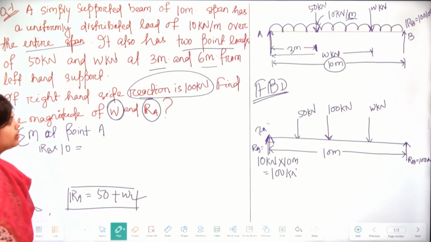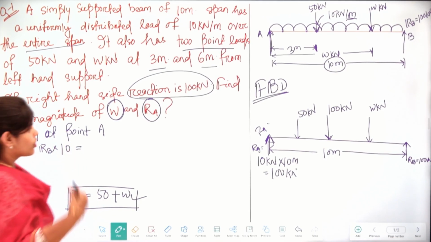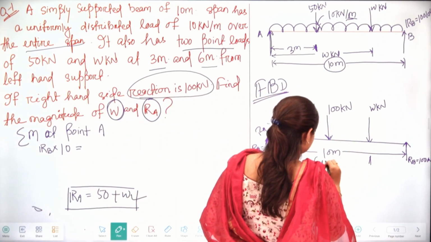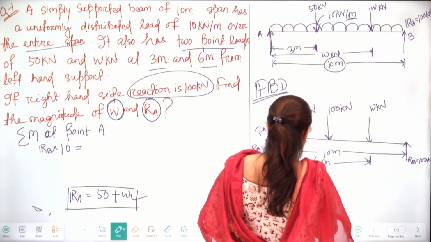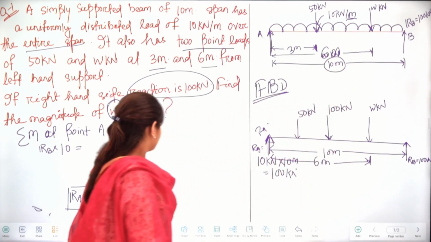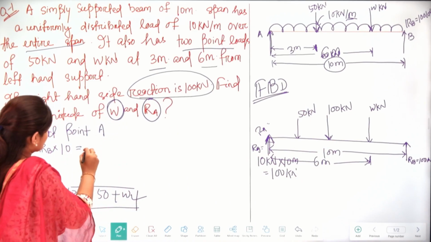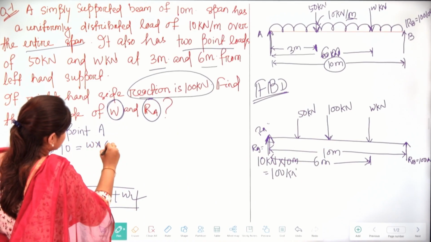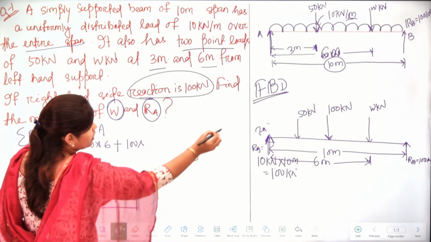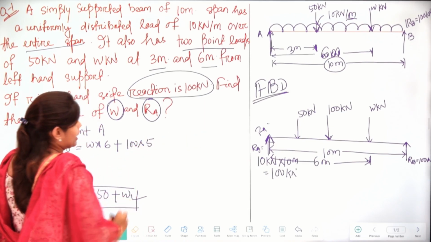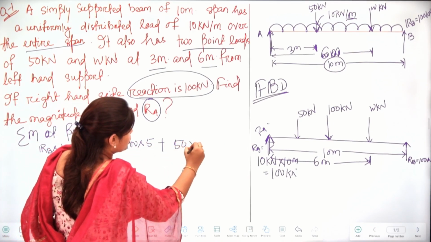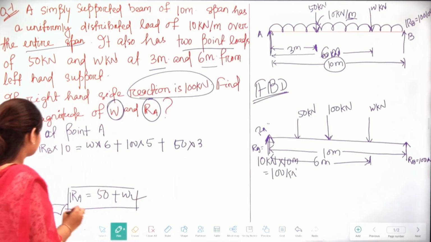RB into 10 is equal to W, which is at 6 meter, so W into 6, plus 100 into 5, plus 50 into 3.